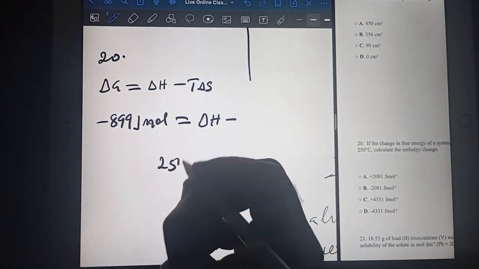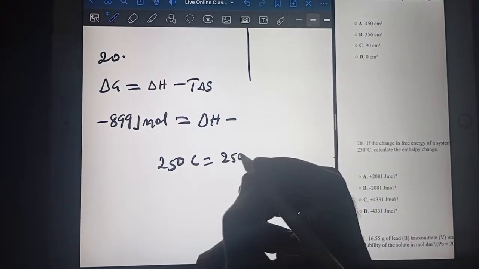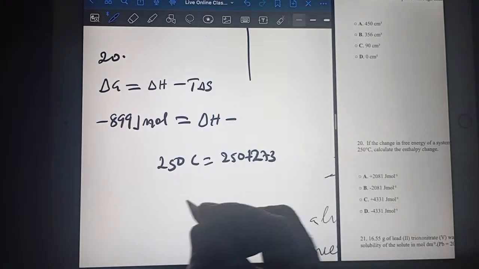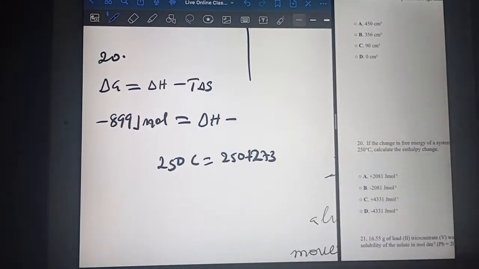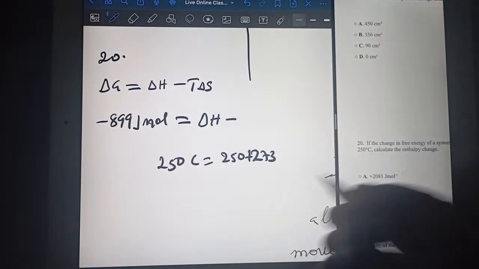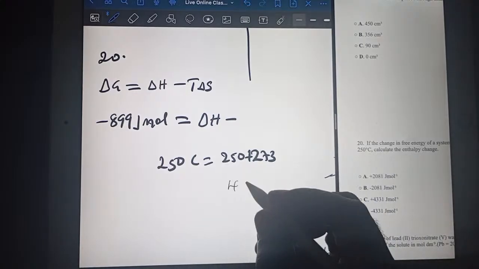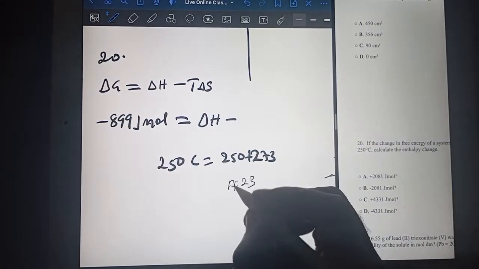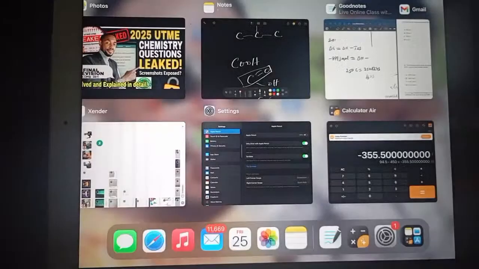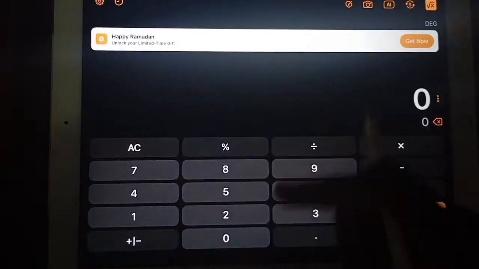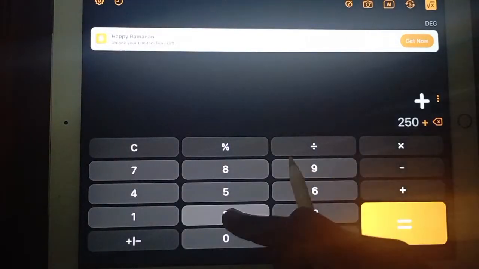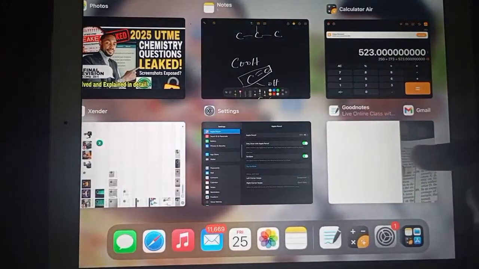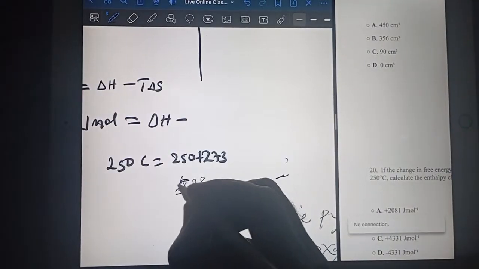So 250 degrees is equal to 250 plus 273 in Kelvin, which is 523 Kelvin.